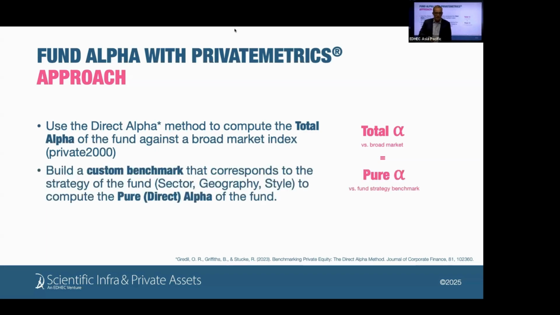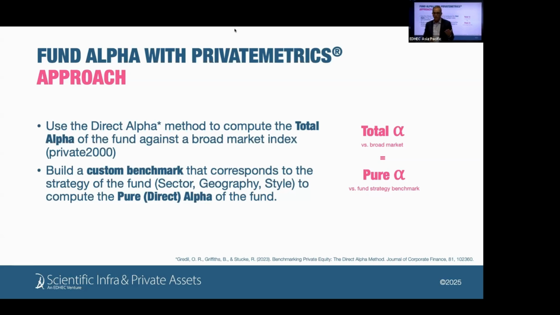So this total alpha, we can then break down into two parts. We can calculate it again, but this time not against the broad market index, but against a customized benchmark. A benchmark that represents the style of the manager, the geography of the manager, that represents the sectors in which the manager invests, something that, and I'll show you how we can build it with privateMetrics, is granular enough, but also robust enough to really represent the strategy of the fund.